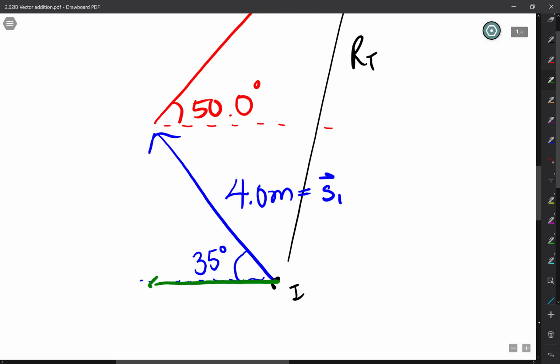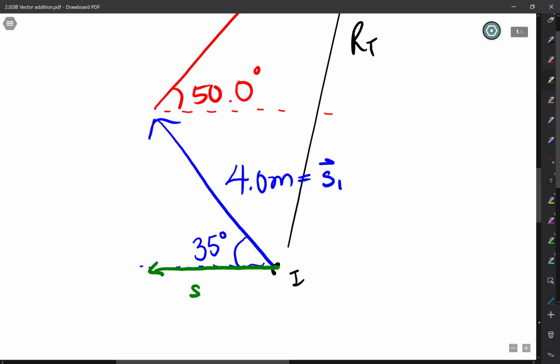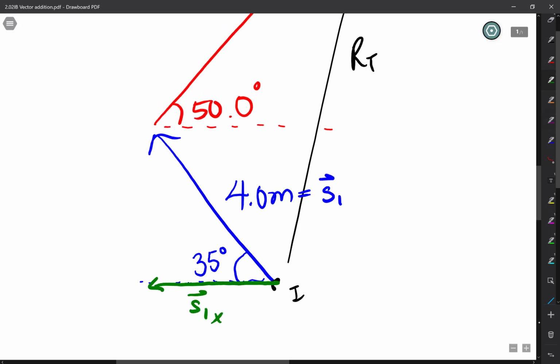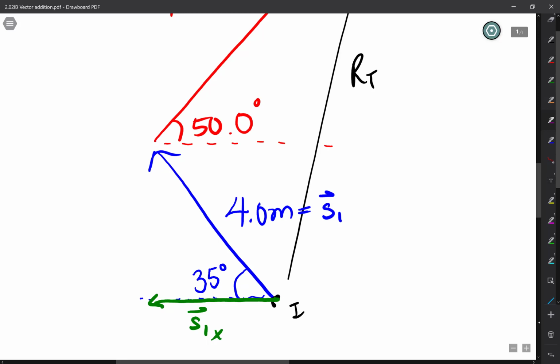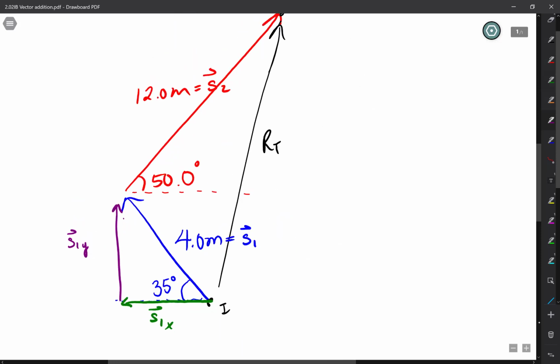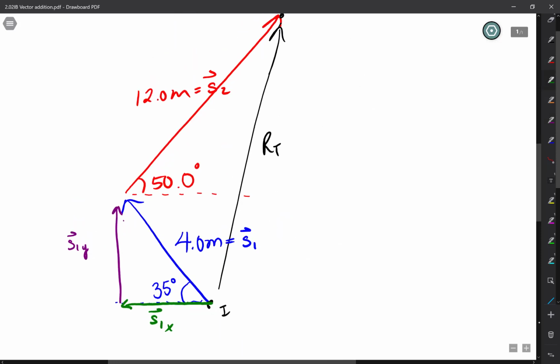When I break these vectors into their components, I'm going to start with S1, displacement number 1. It first goes west, so I'm going to call this S1X. Then it goes north, and I'm going to call this S1Y with a little hat. I'm not going to calculate anything, I'm just going to draw everything out first.